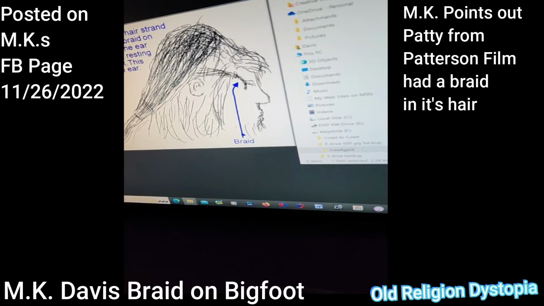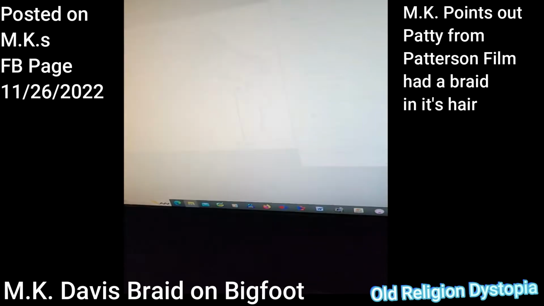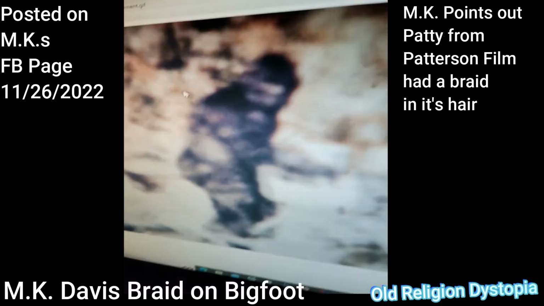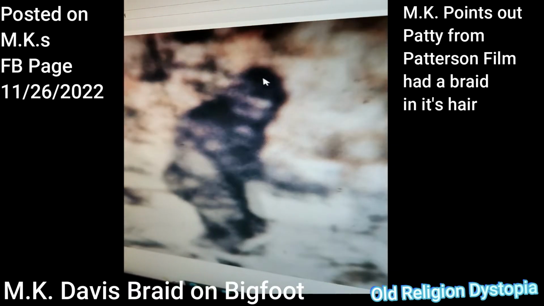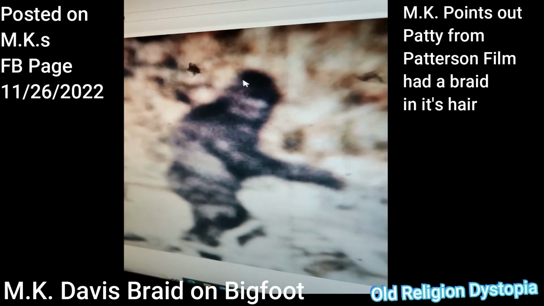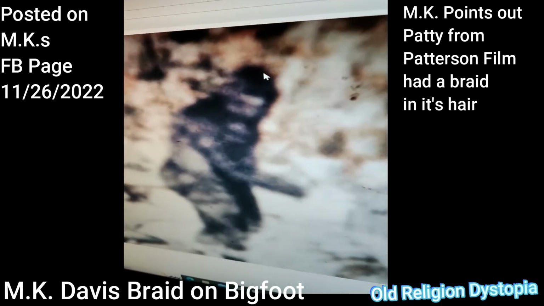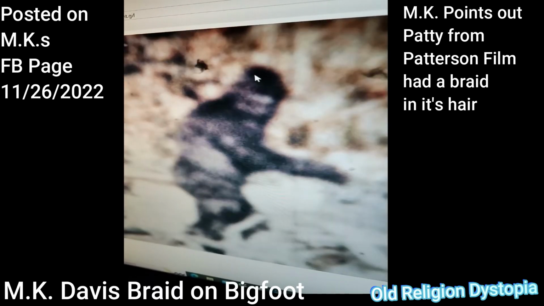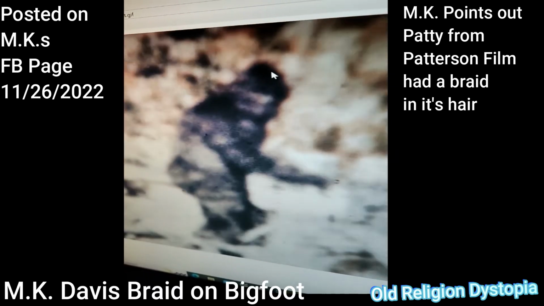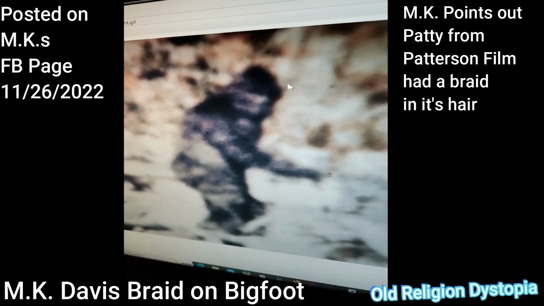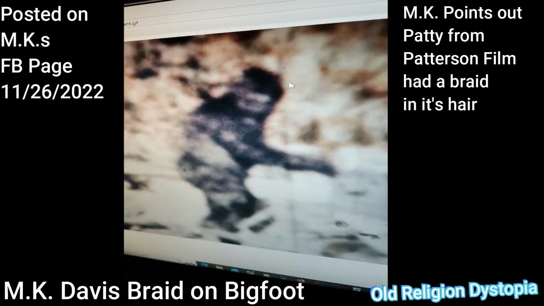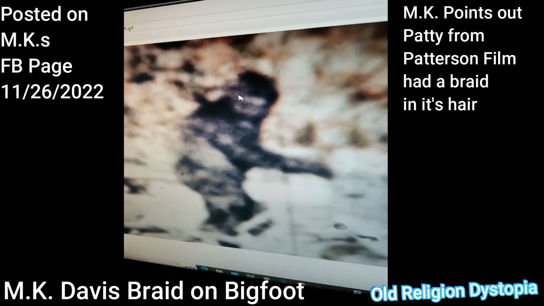Let's look at this one, crest movement. Take a look up here and you'll see that the very top of the head moves. It's not bone, it's not skull there. It's a mass of hair that is in an arrangement. You can see the ear right there.